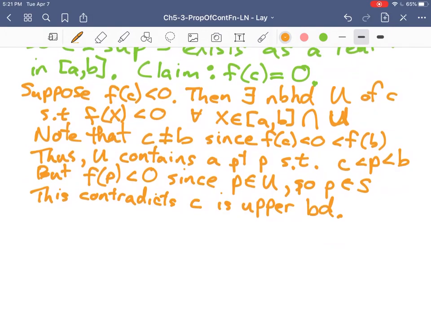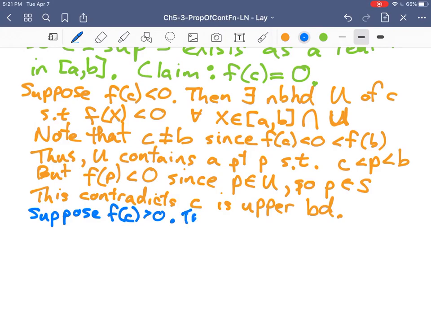So now let's suppose the other thing. Suppose that instead of f of c being less than 0, f of c is greater than 0.